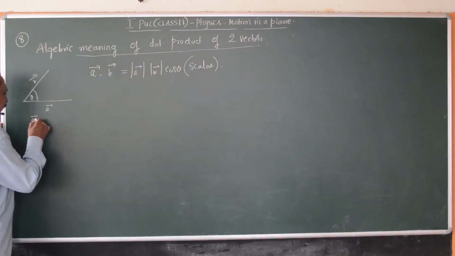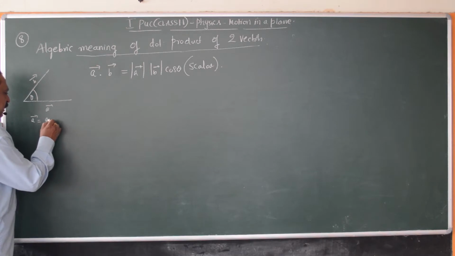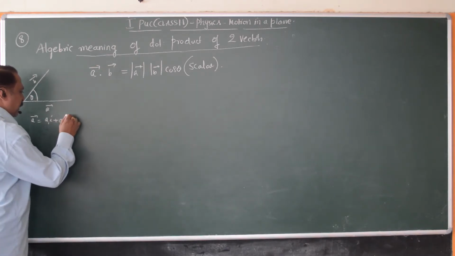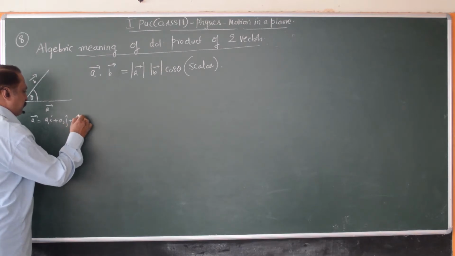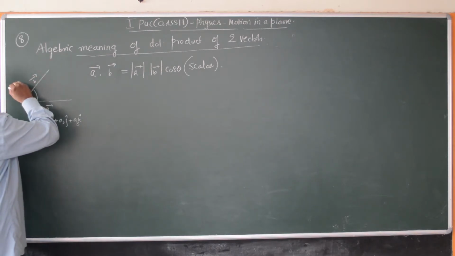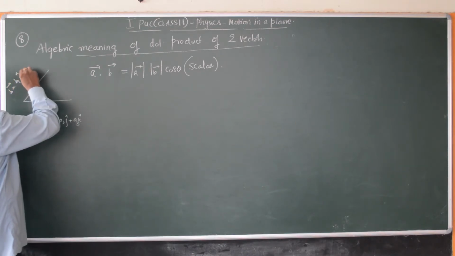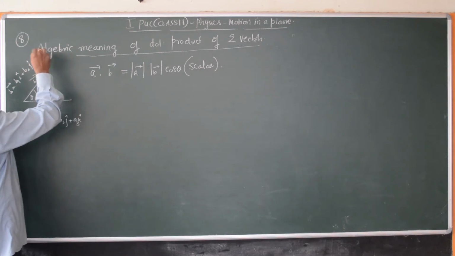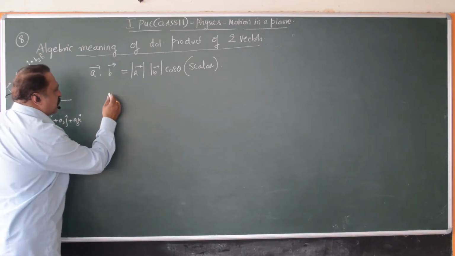See, let's take vector A as A1 i cap plus A2 j cap plus A3 k cap, and vector B as B1 i cap plus B2 j cap plus B3 k cap. So let me write once again.